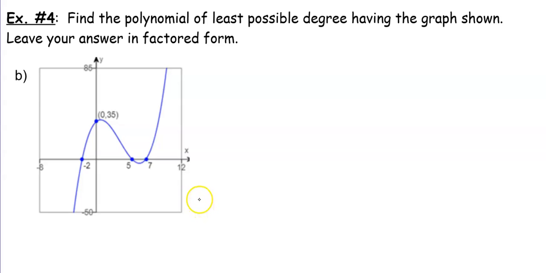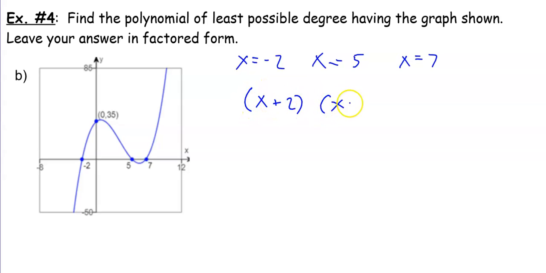We can try this one. We can see we have 1, 2, 3 zeros, and it goes through the x-axis nice and clean, so that is not a multiplicity. So we have our x values of -2, x equals 5, and x equals 7. So these in factored form would be x plus 2, x minus 5, x minus 7.